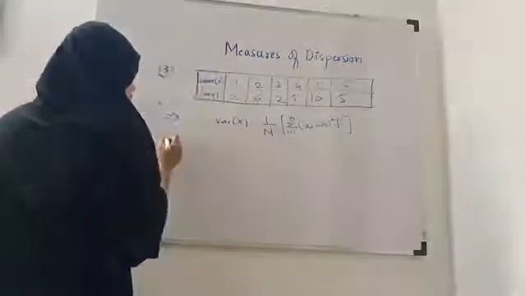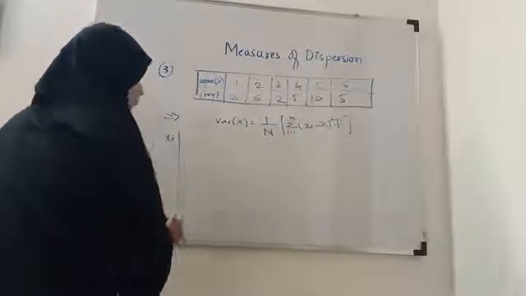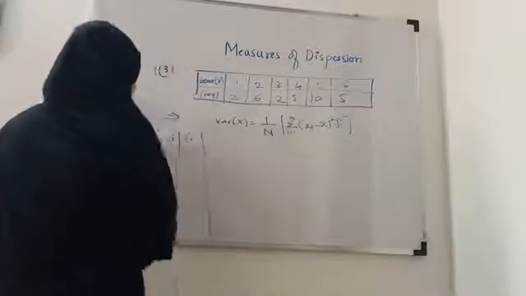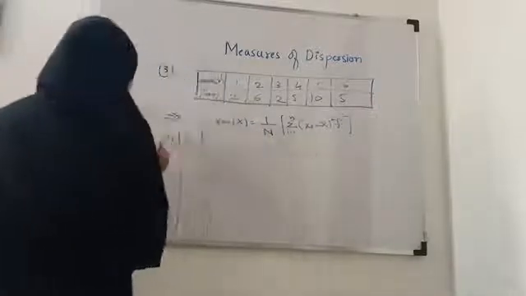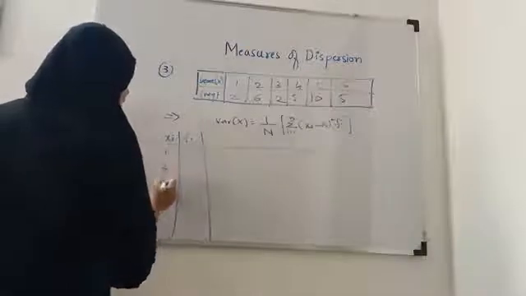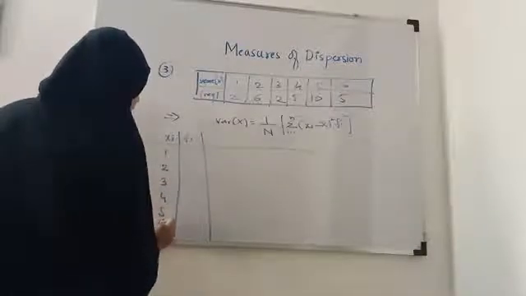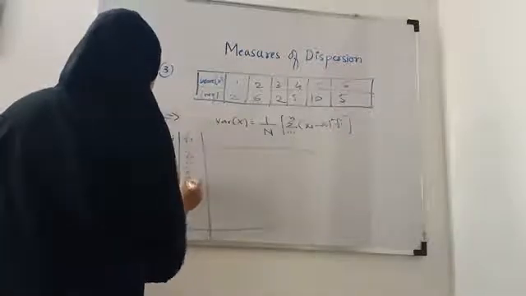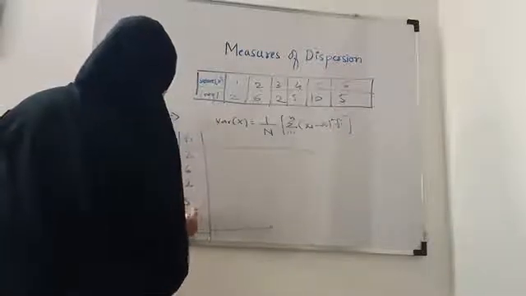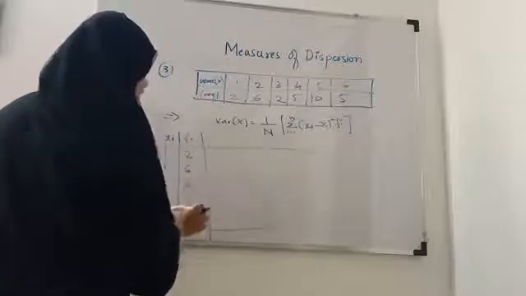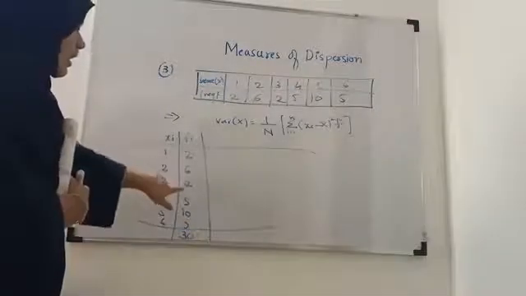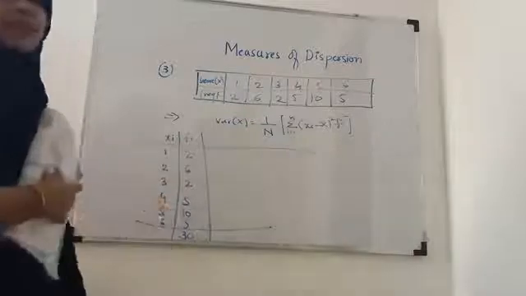First we write down all the xi: 1, 2, 3, 4, 5 and 6. Then the fi: 2, 6, 2, 5, 10 and 5, and the total is 30. The cumulative frequencies are 2, 8, 10, 15, 25 and 30.